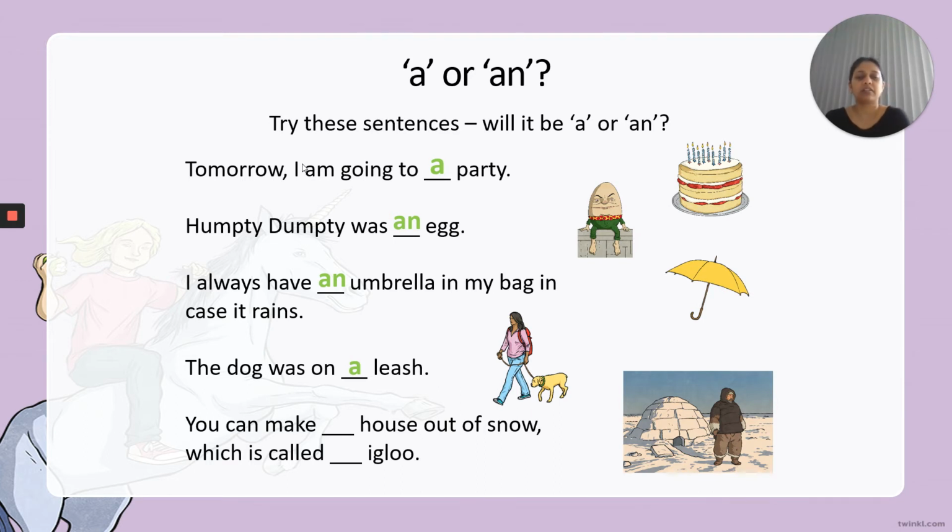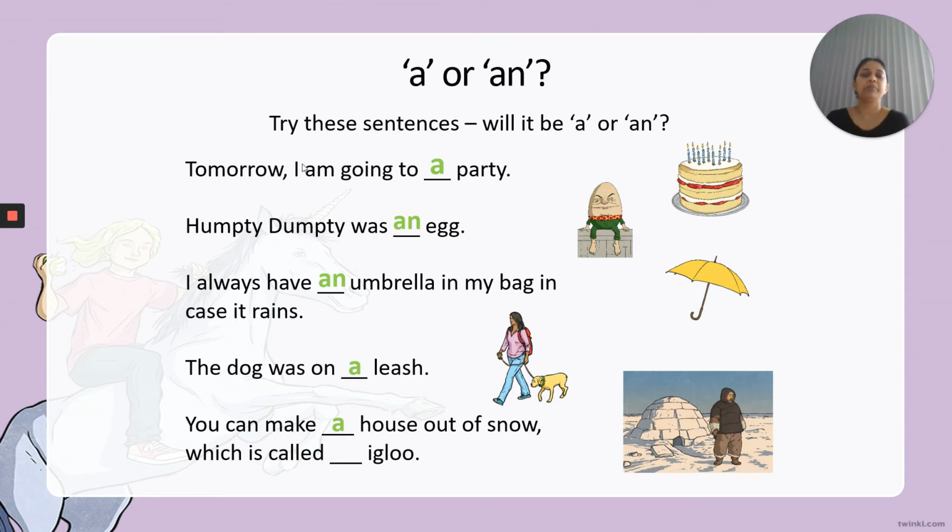You can make something house out of snow, which is called something igloo. H is a consonant, so because H is a consonant, it will be a as an article. And in the same sentence, you have another article that you have to use.